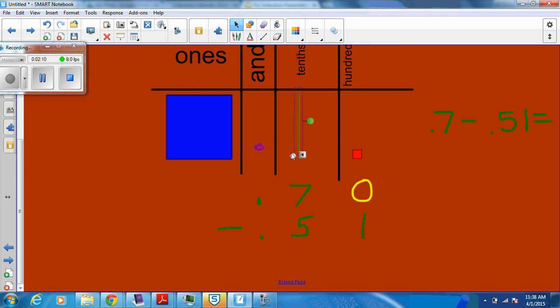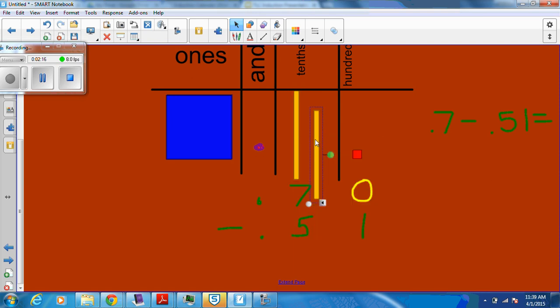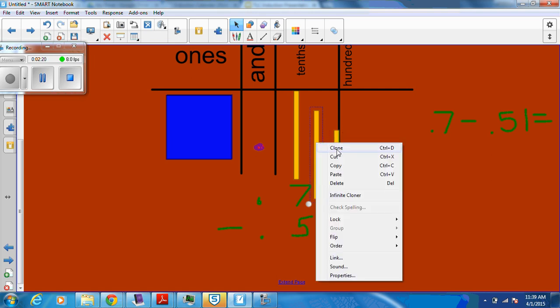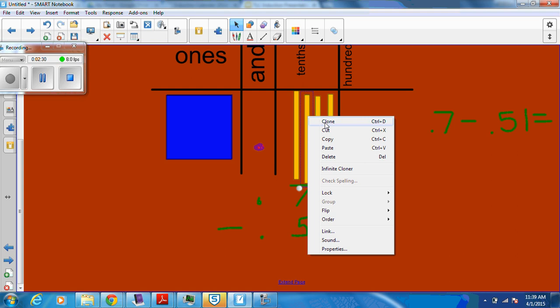I'm going to make this a little bit smaller, not that small though. And I want to clone it. So far I have 4 and I want 7, so I'm going to keep cloning.